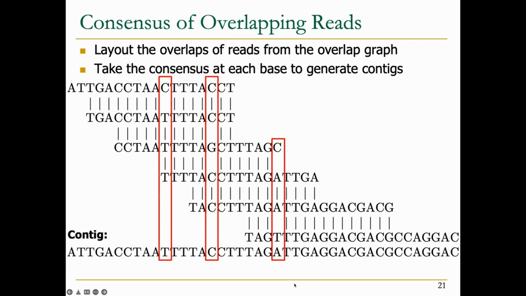So this is how consensus works. Once you do the consensus between all the overlapping pairs, what you get is a single piece of contig, which is a short piece of the entire assembly of a genome, right? But it is much longer than the read. It contains more information, overlapping of the reads, etc.